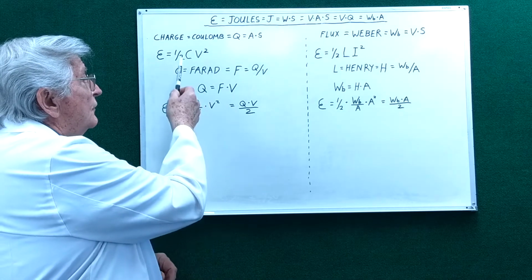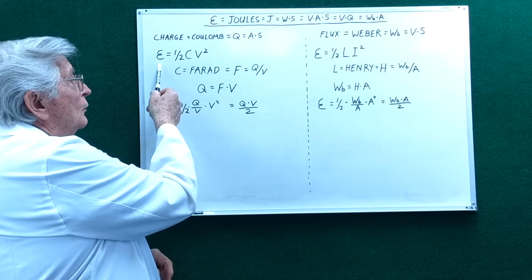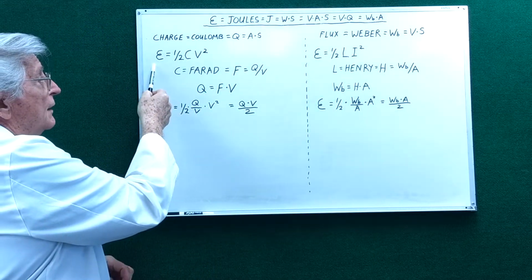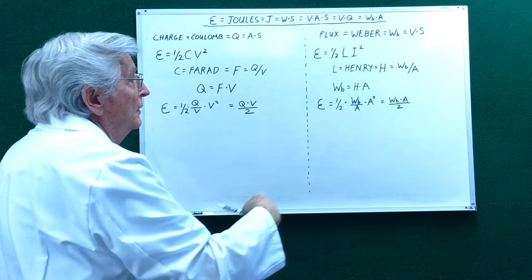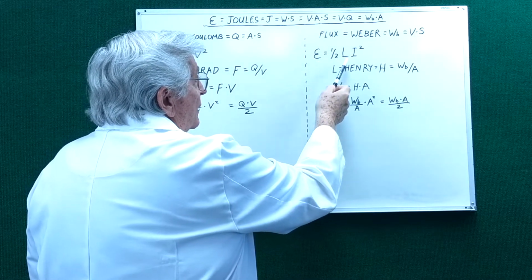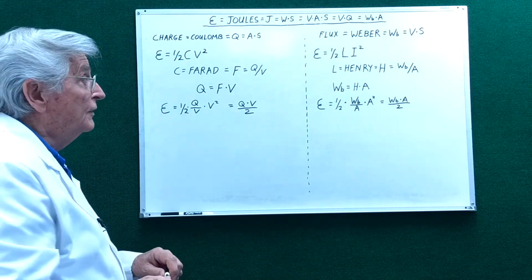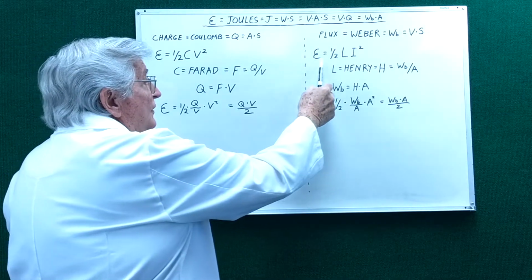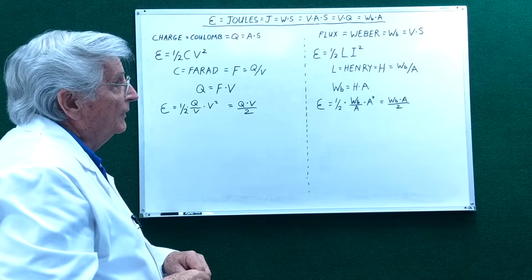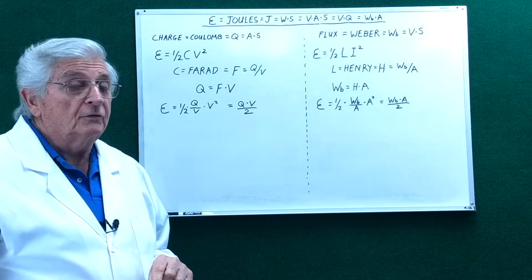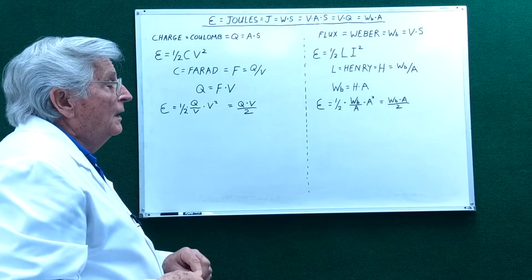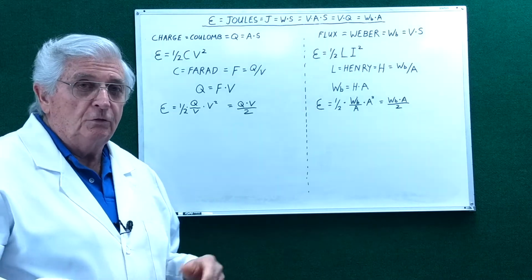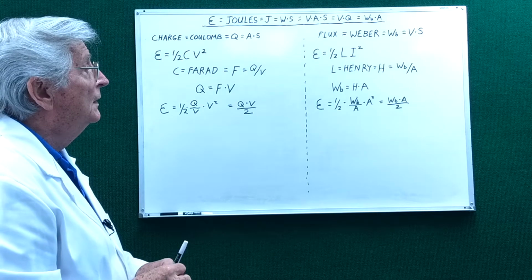Now, in the last video, we derived these two equations. This is for the energy stored in a capacitor, and this one is for the energy stored in an inductor. When I say stored, you can't store energy in an inductor very long because of its resistance, unless you have access to superconductors.